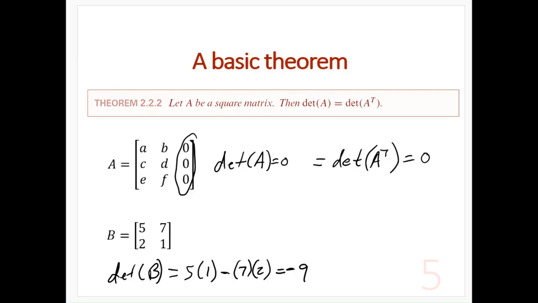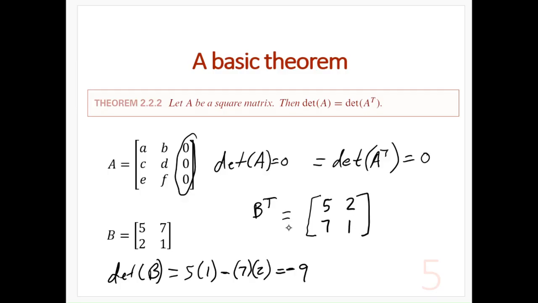Then, if we want to go ahead and prove this theorem, we would look at the transpose of B. If you remember, what are you going to do? You're basically going to interchange your rows and your columns. So that means that now your transpose of B is 5 and 7 in the first column, and then the second column is going to be 2 and 1.